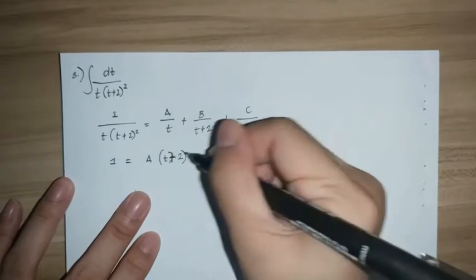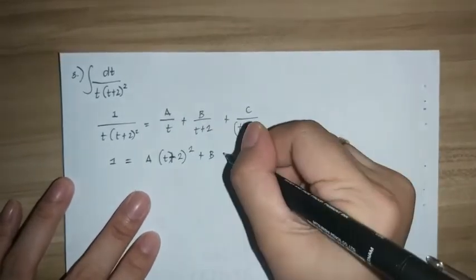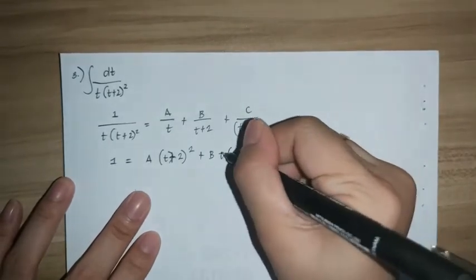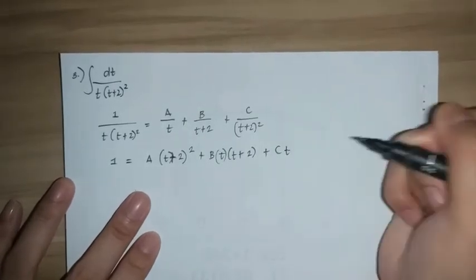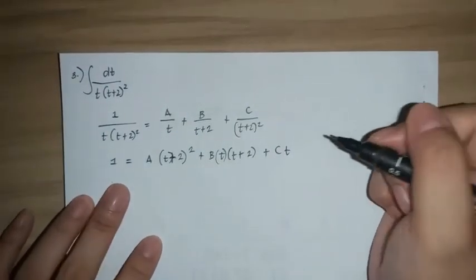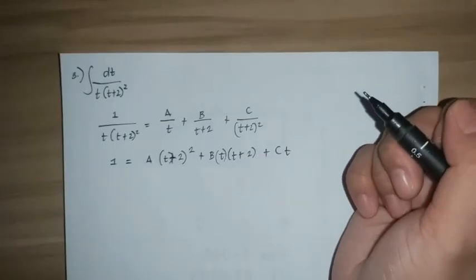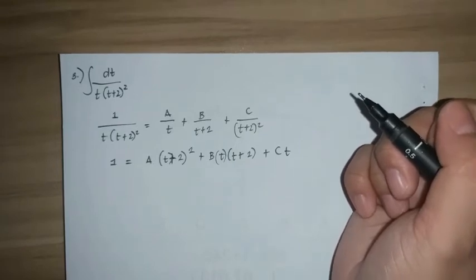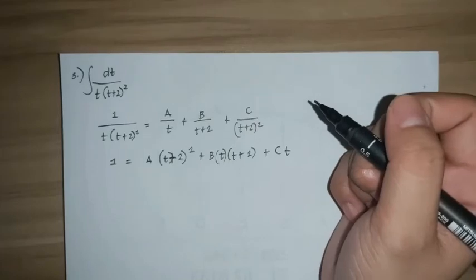Sorry, this is t plus 2 squared plus b, right? T times t plus 2 plus ct. Alright? So, we need to do mag-assign tag value ni x, pwede din, right? Okay, or we can do x raised to 0 like that, right?